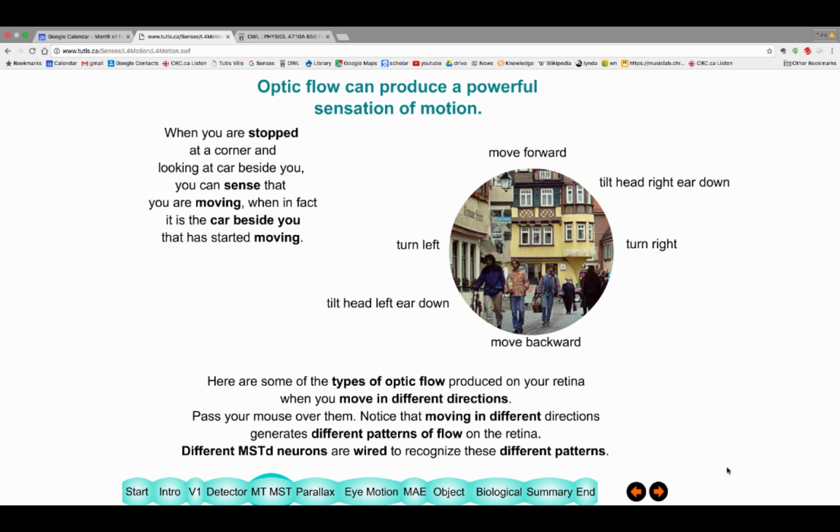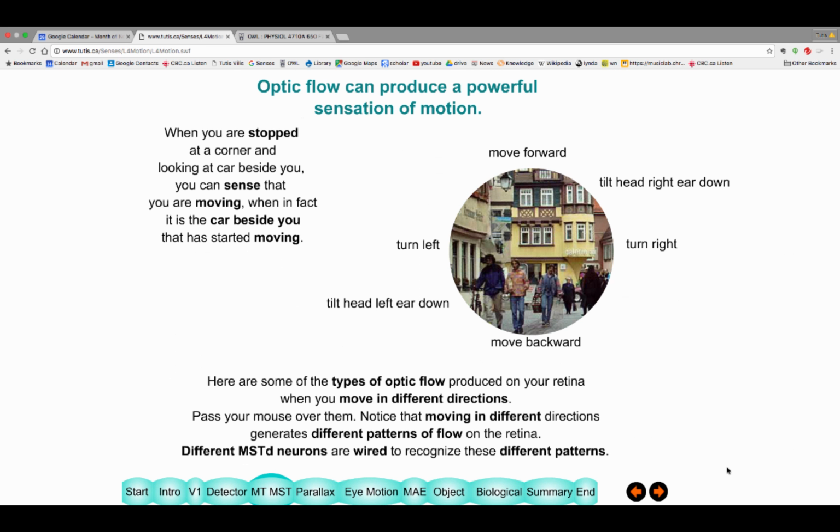Okay, so often when you're stopped at a red light and there's a car in front of you, and the car in front of you starts to move, you sometimes sense that you're moving backwards. Or if you're in, say, a subway car, and a subway car beside you starts to move, you sense that your subway car has started to move incorrectly.